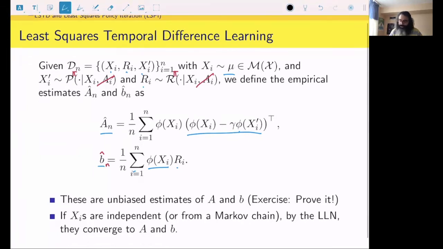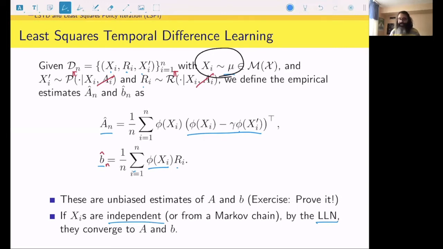So these are properties of LSTD, and one other comment is that if the xi's are independent, where the xi's are coming from distribution mu, then by the law of large numbers, A hat n converges to A, and B hat n converges to B. Of course, we don't need independence. We have a law of large numbers for, say, Markov chains under some regularity conditions.